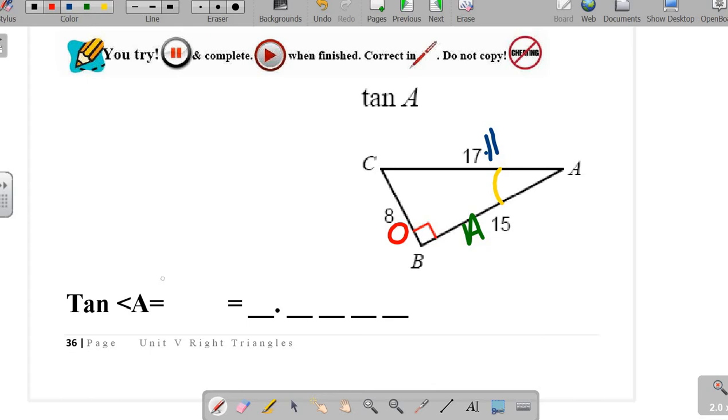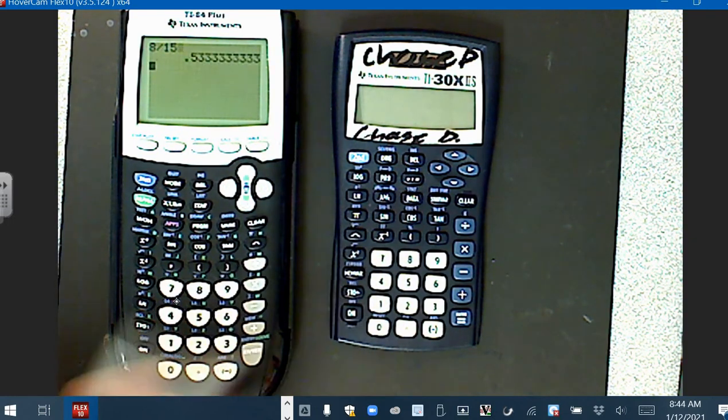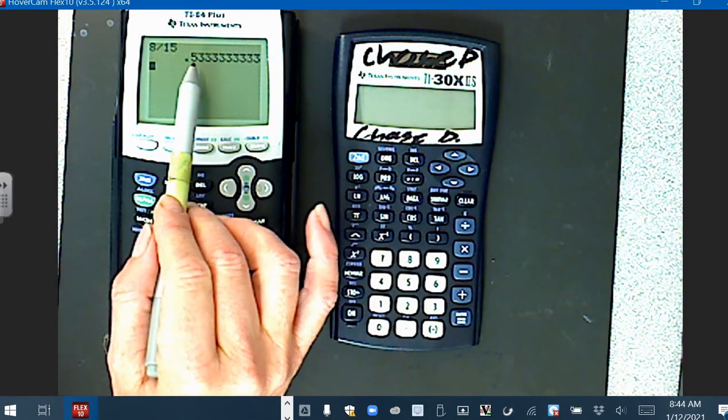Tangent is going to be opposite over adjacent, TOA. So taking a look right here, our opposite is 8, our adjacent is 15. You get your decimal, take it to the 4th decimal place.